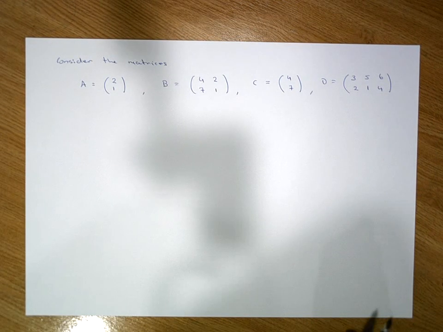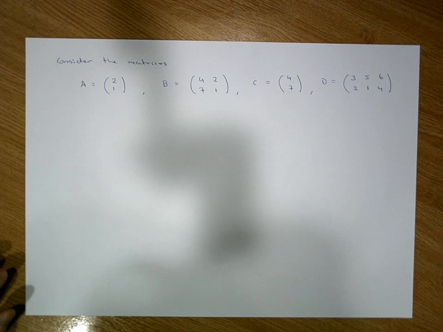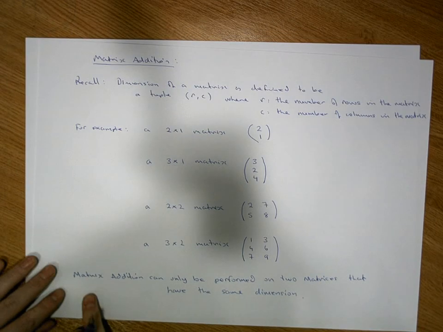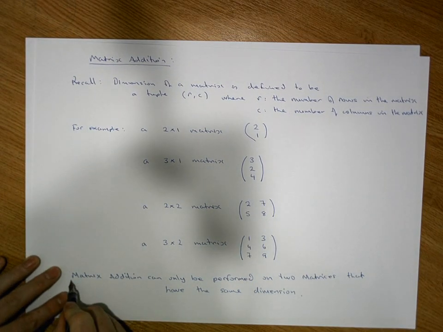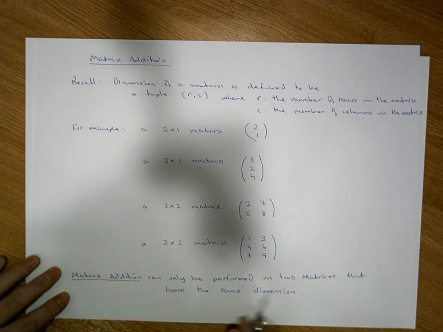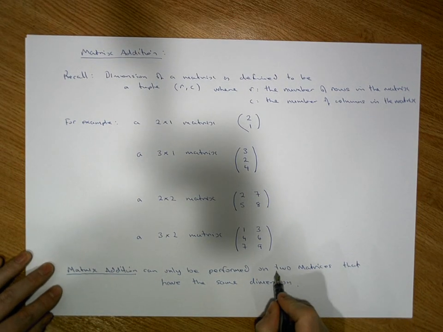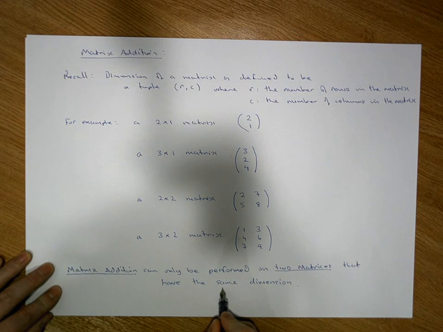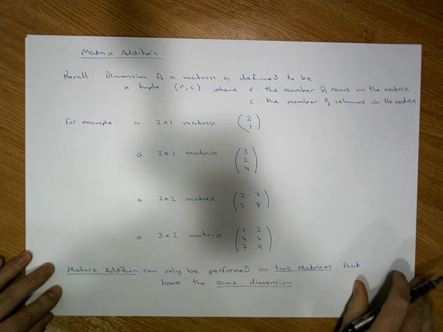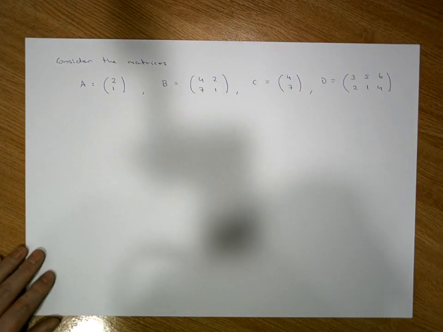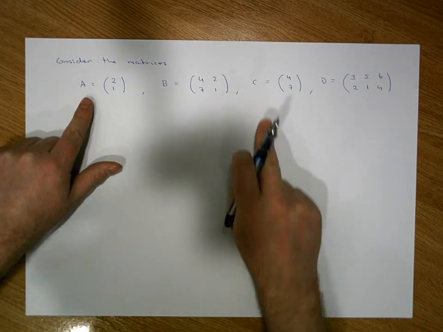What we've defined previously is that to perform matrix addition, we can only do so when the two matrices have the same dimension. So for example, we could add A and C together.